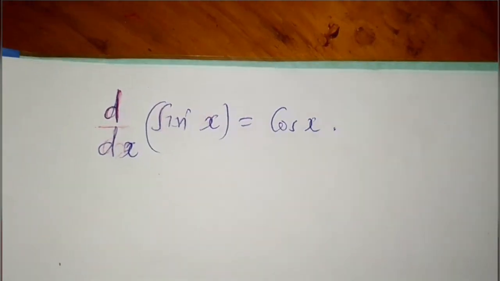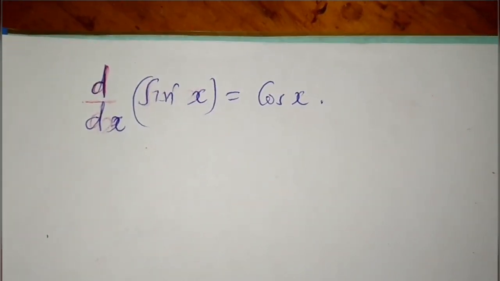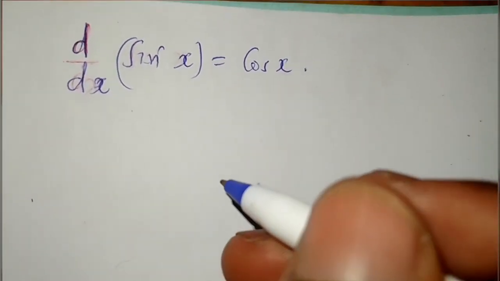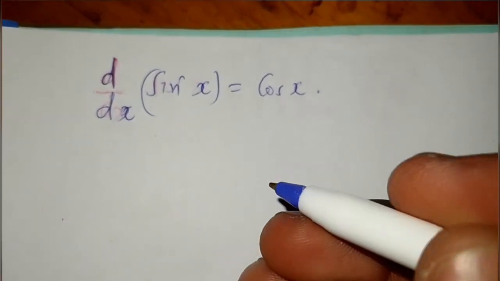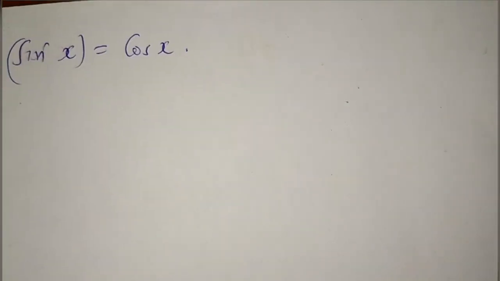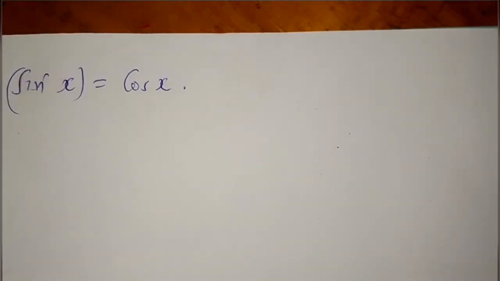So to calculate the derivative of f of x is equal to sine x, for x measured in radians, we shall use the following theorems and identities.